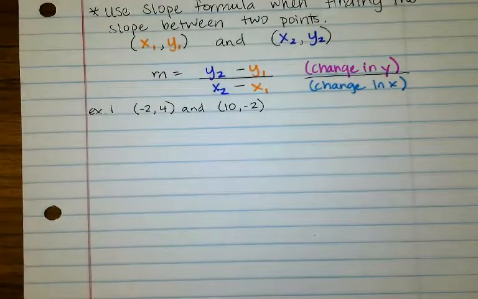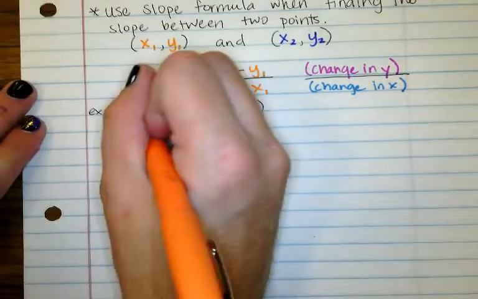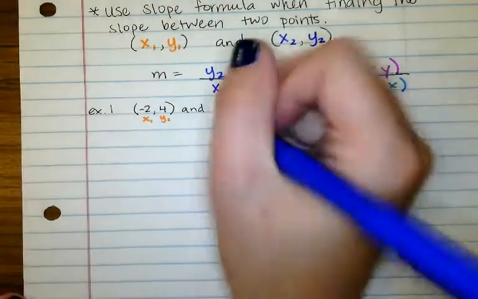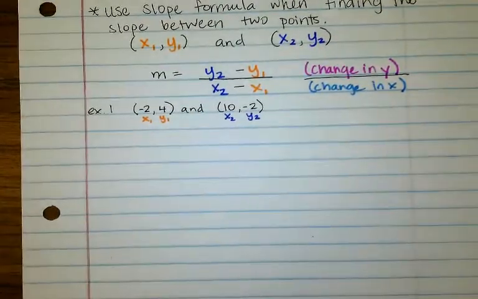So guys, what I like to do is I like to label my points. So I would say, okay, that's my x1 and that's my y1. This is my x2 and this is my y2. And then I would fill this into the formula over here.